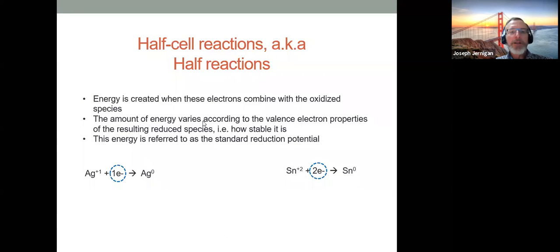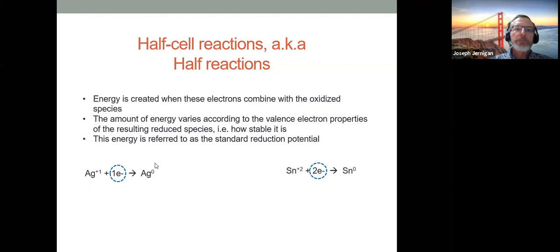The amount of energy varies according to the valence electron properties of the resulting species, how stable it is, which you're going to see manifest in a table in just a second. But this energy associated with each half cell is referred to as the standard reduction potential, okay?